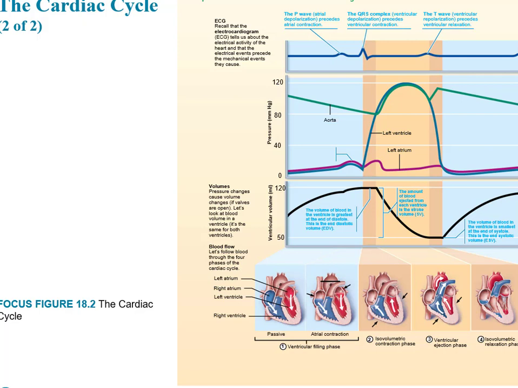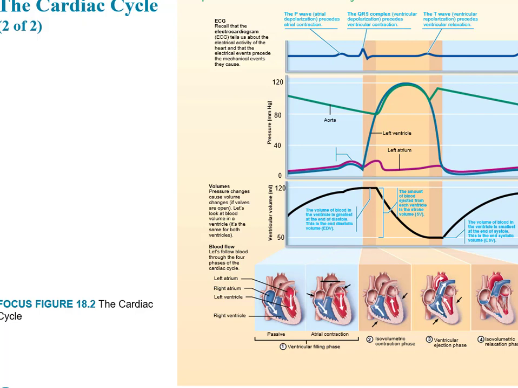The first step is the ventricular filling phase, the second is the isovolumetric contraction phase, the third is the ventricular ejection phase, and the fourth is the isovolumetric relaxation phase. So what happens in each of these phases, and what happens with the blood, the pressure, the valves opening, the ECG, and all of those. That's basically what you're seeing in the cardiac cycle.